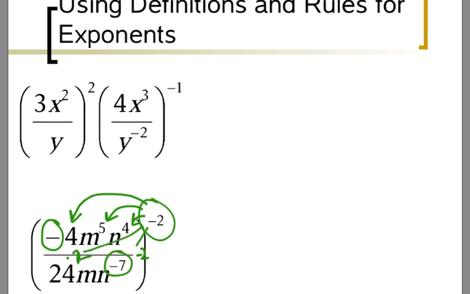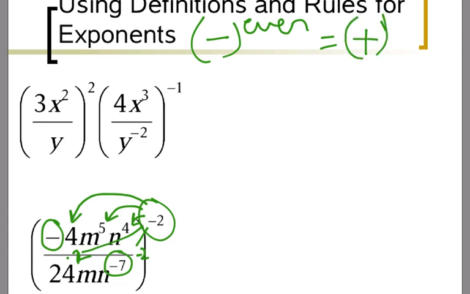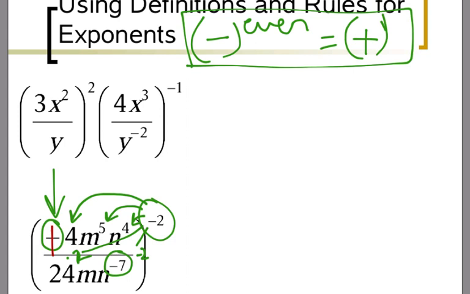So everything gets a negative 2. Now, when you take a negative and raise it to an even power, that will turn into a positive. So that was something I said on one of the previous lessons, so you have to be really careful about that. That does make a big difference here. That negative sign turns into a positive. So it's gone. I can just cross it out right now.